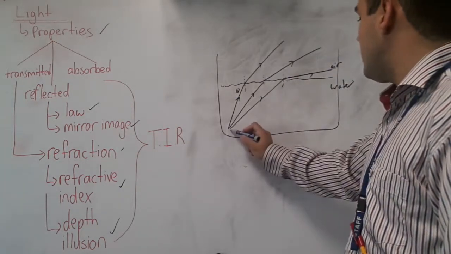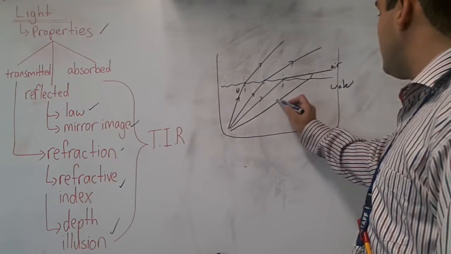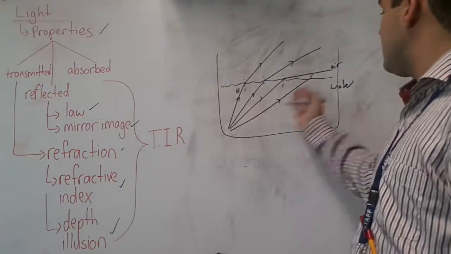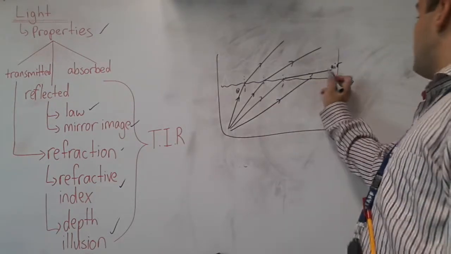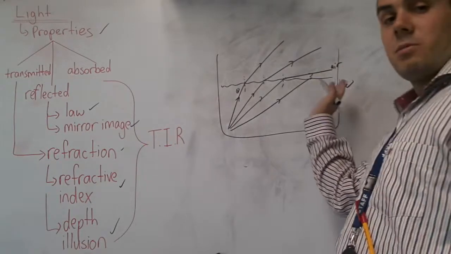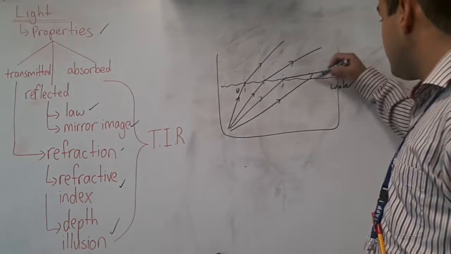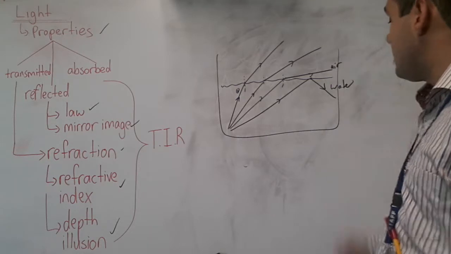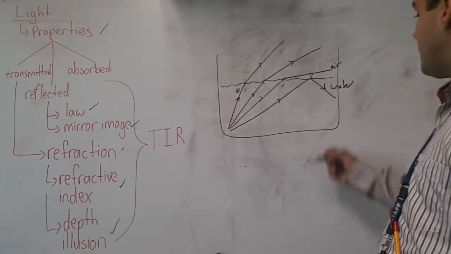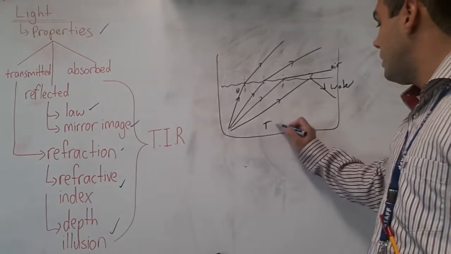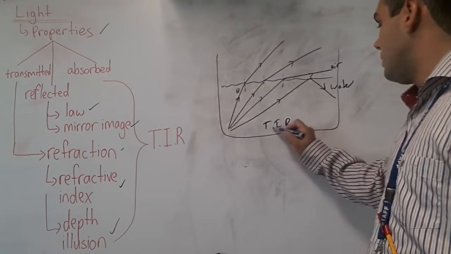And then I've got this angle that if I shine this light at this angle, it's actually not going to refract anymore because it keeps getting bent away from the normal. So what's going to happen is it's just going to reflect back in. We call this total internal reflection.